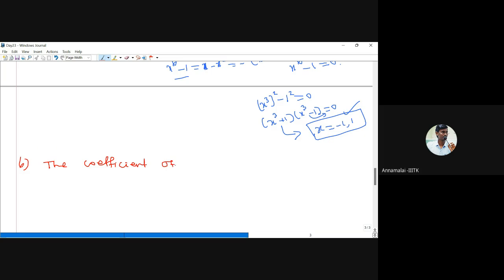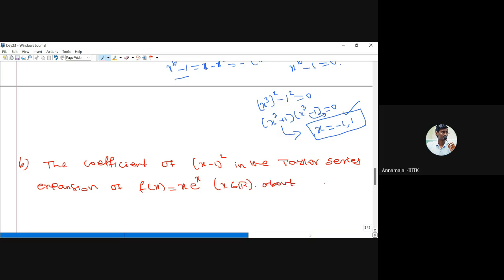Many times they will ask this type of question: find the coefficient of x minus 1 whole squared in the Taylor series expansion of f of x, where f of x is x times e power x for all x real, about the point x equal to 1.